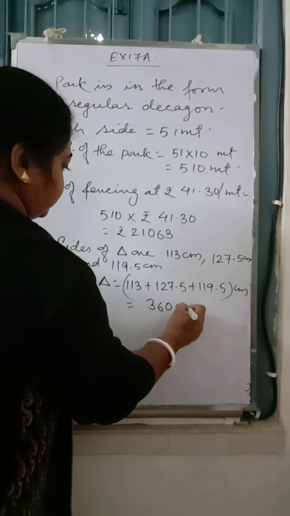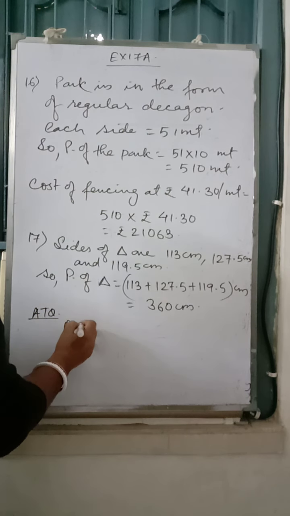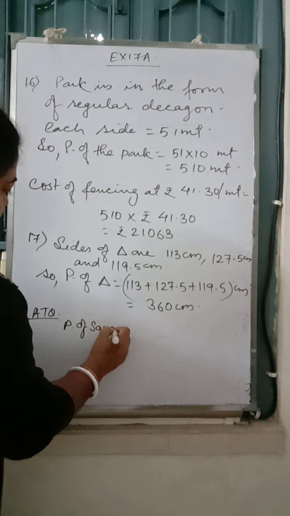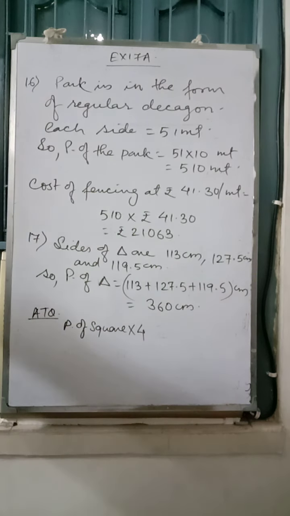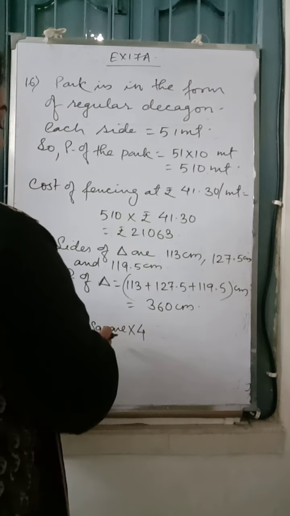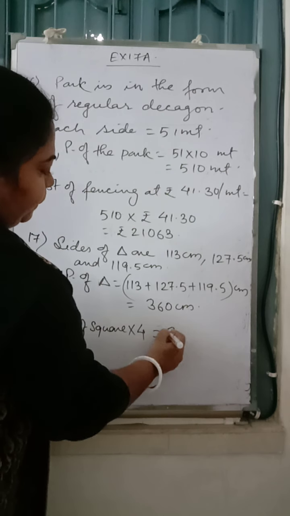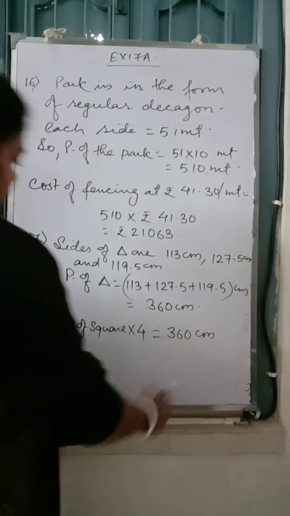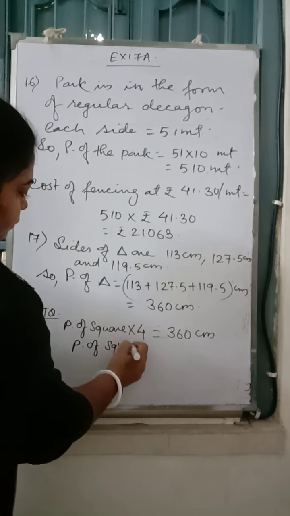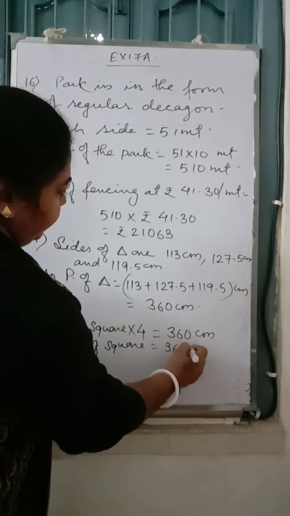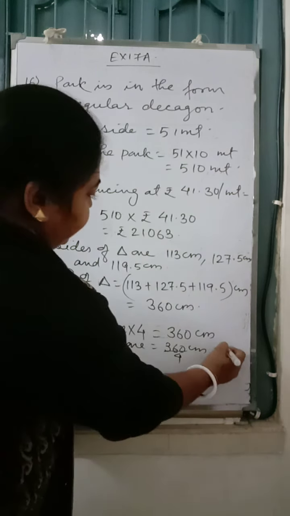According to the question, the triangle's perimeter is 4 times the perimeter of square. So perimeter of square into 4 will be the perimeter of triangle. So the perimeter of square would be 360 centimeter by 4, or 90 centimeter.